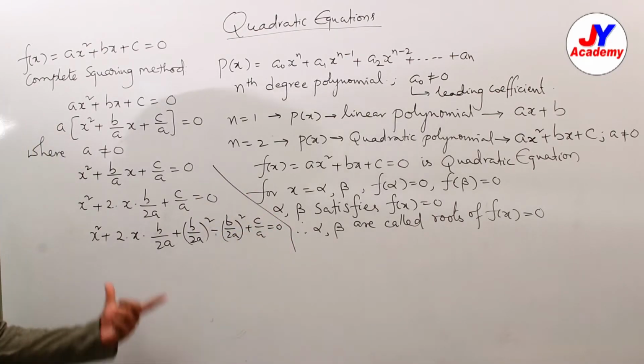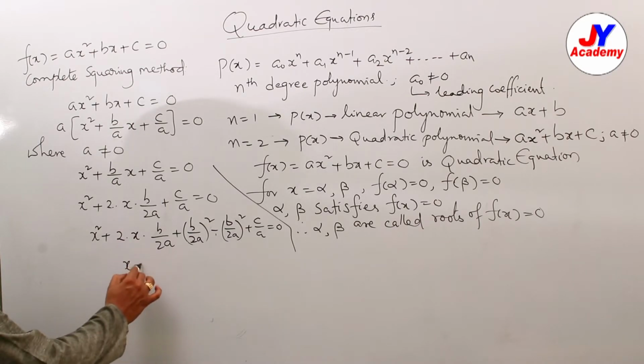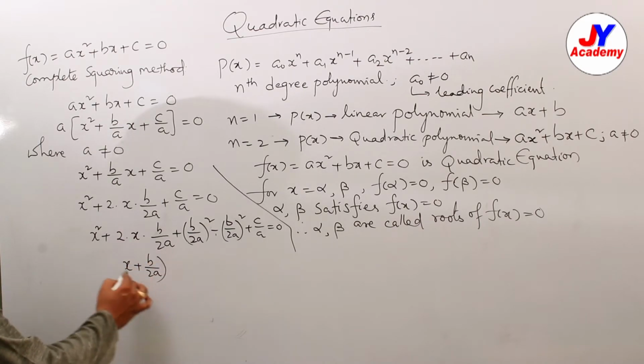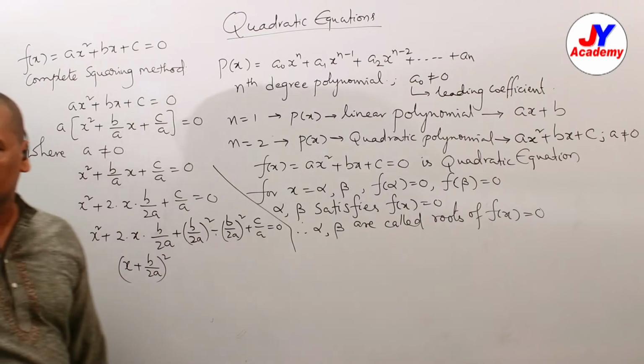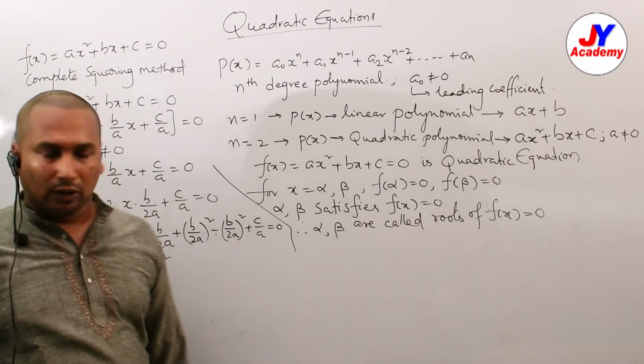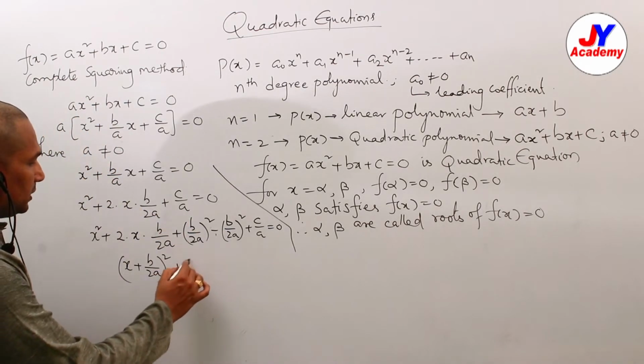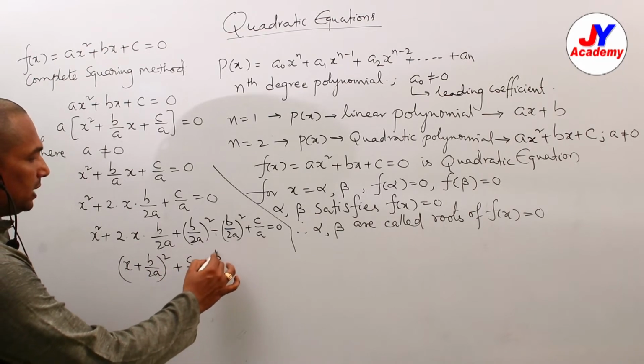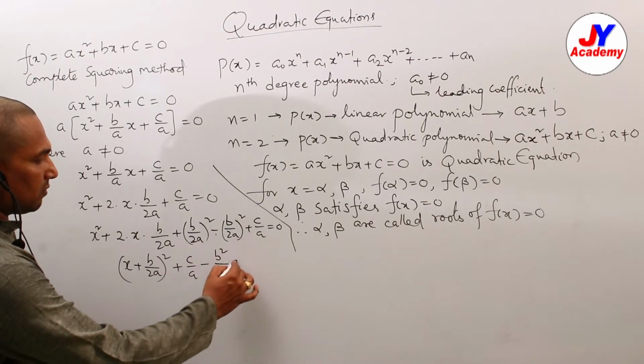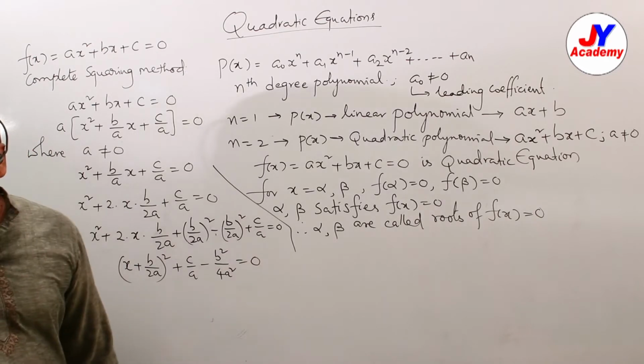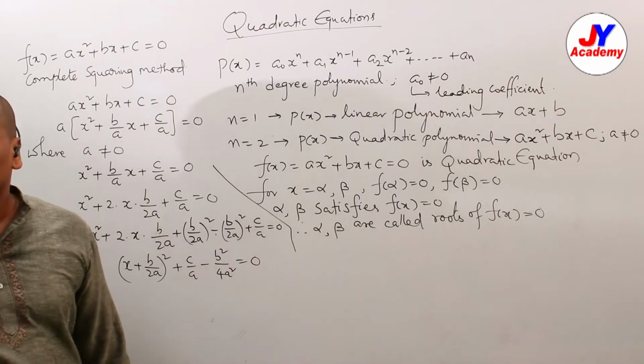Okay, now it is in the form of x plus b by 2a whole square. What remains in the remaining part? Plus c by a minus b square by 4a square equal to 0.